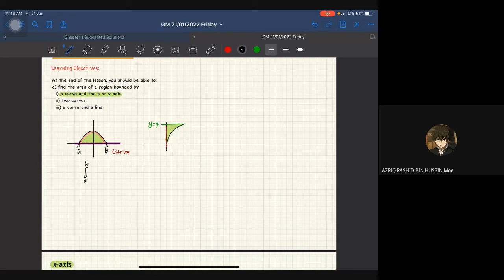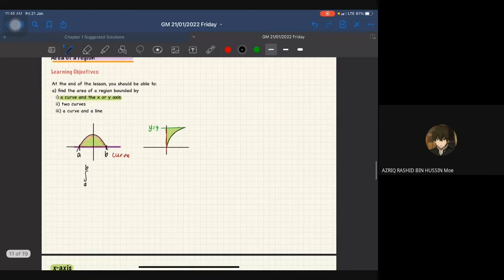Okay, and then kita punya equation adalah Y equal to something. So y tu adalah, let's say dalam soalan ni, y equal to negative x square plus 1. Okay, so ini adalah kita punya function kiranya. So cara untuk kita cari dia punya area is integral A until B y dx. Macam itu sahaja. Okay, so kalau awak perasan, A dengan B ni adalah nilai X.